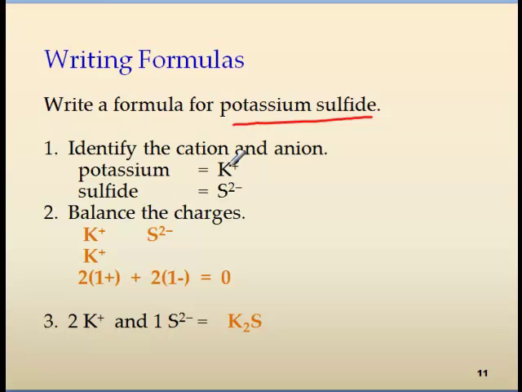Once we know that, we need to know the group number, so we can assign positive and negative charges to it, as you can see over here. And then you do the cross your heart thing, and you come up with the formula K2S. So that would be the formula of this compound, potassium sulfide, and we'll get into the naming in a little bit.